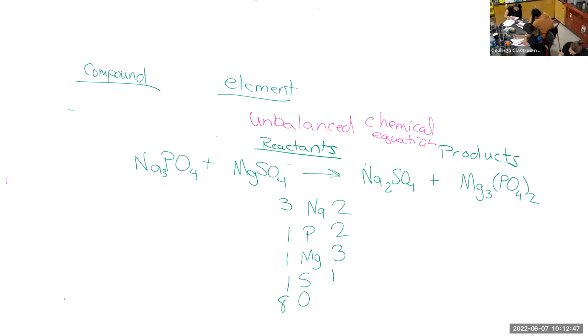And how many oxygens? Okay, so we have 8 here, plus 4. Start off with something easy first. Is there anything that's already balanced? Sulfur. Sulfur's already balanced.